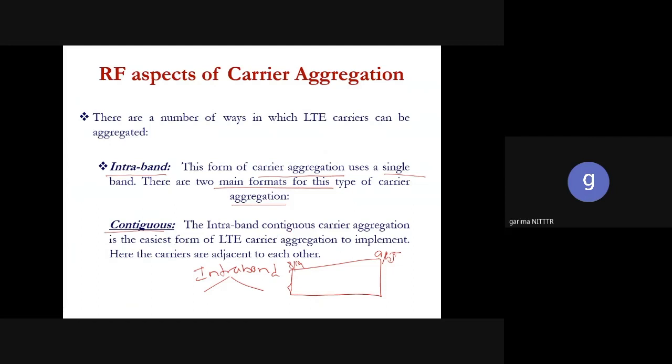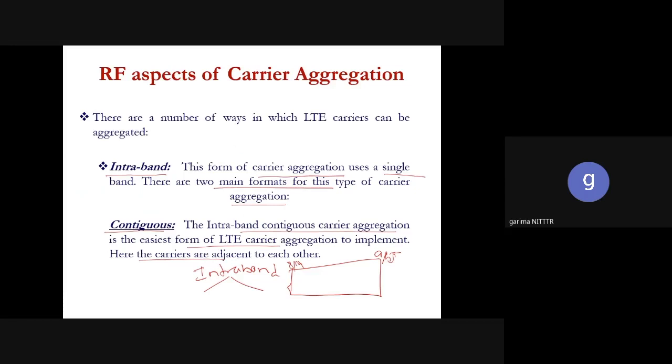Intra-band contiguous carrier aggregation is the easiest form of LTE carrier aggregation to implement. Here carriers are adjacent to each other. As I'll show you, they are continuous in nature, adjacent to each other, so they are easy to combine.